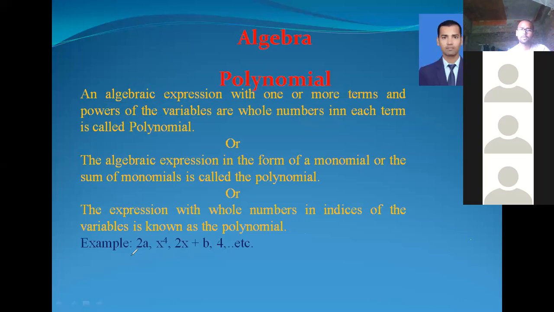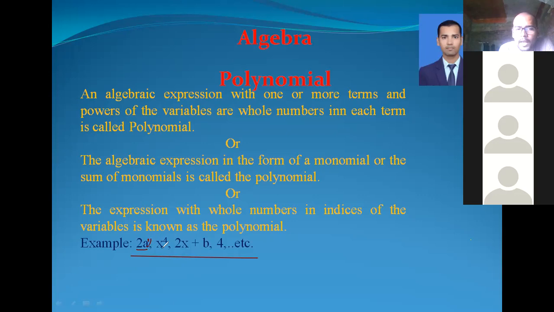These are considered as polynomials because, as you know, there is the variable in the first term. You can see the first term 2a, where the power of a is nothing, that is 1, and as we know, 1 is a whole number, and a is the variable. So the power of the variable is 1 here.